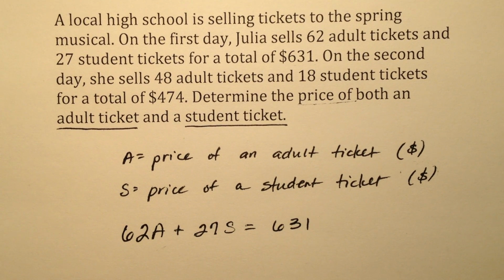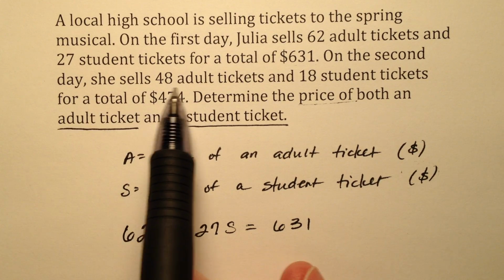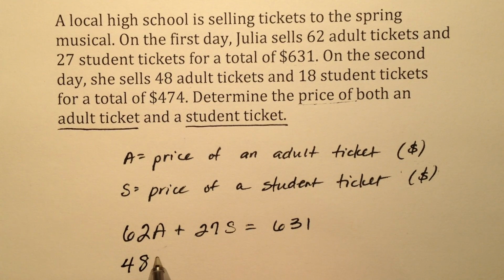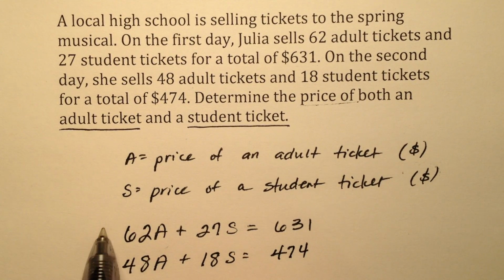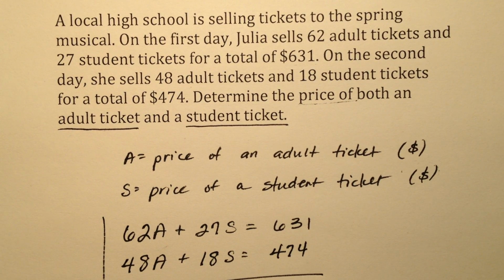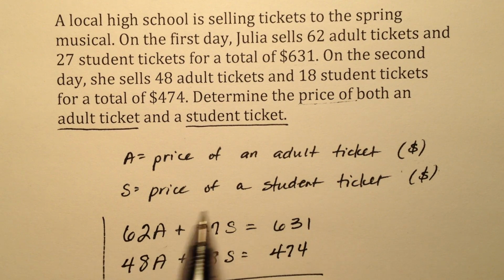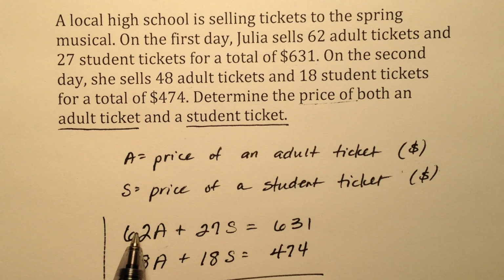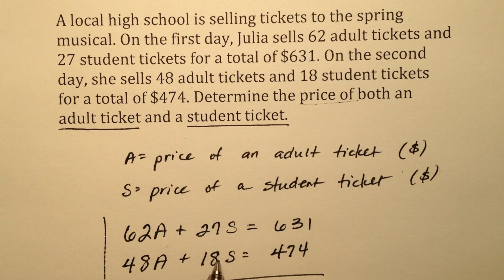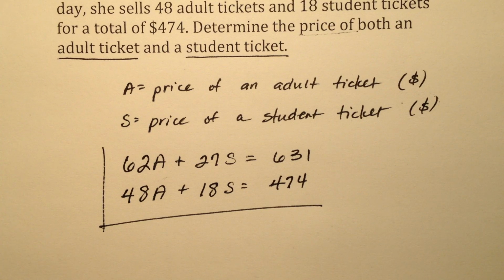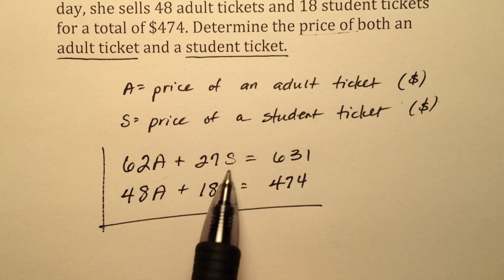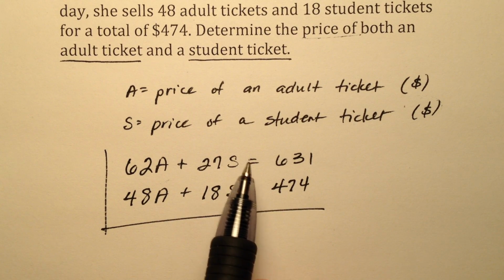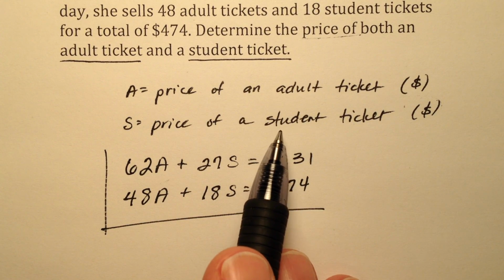Day two is going to be something very similar. So on the second day, she sells 48 adult tickets and 18 student tickets and brought in $474. Okay? So just to be clear here on these equations, the coefficients, the 62, 27, 48, 18, these are the number of tickets that were sold, while the variables A and S were the price of each ticket, adult and student respectively.